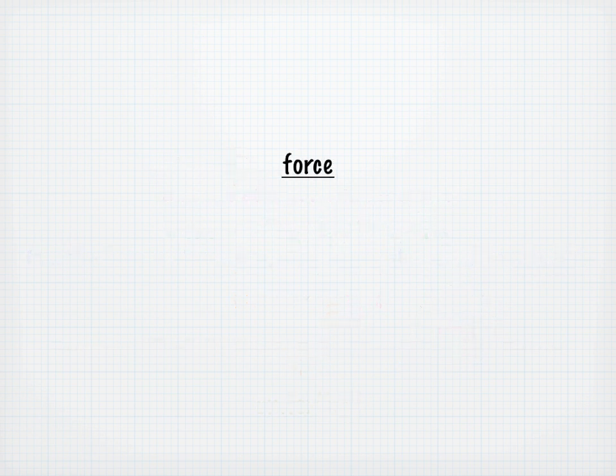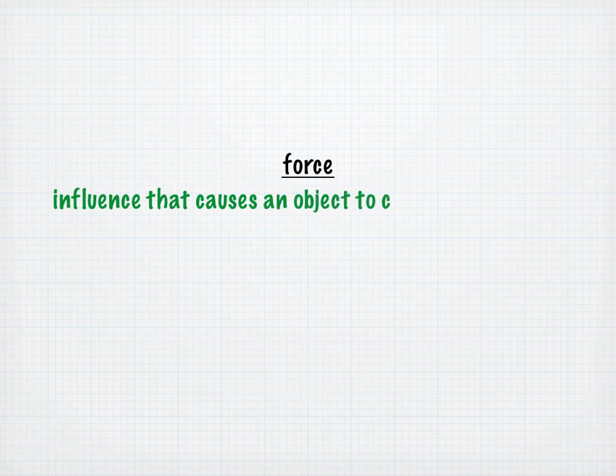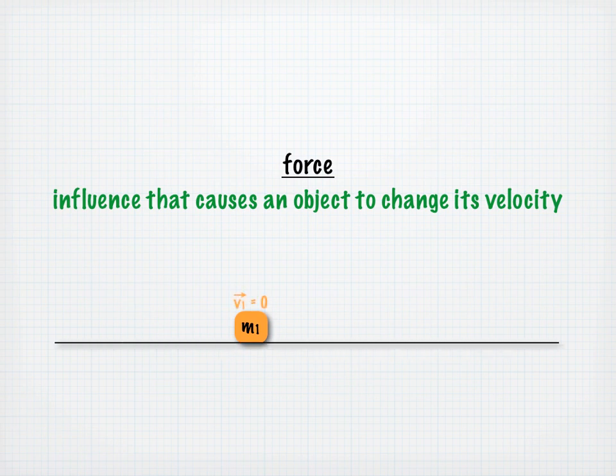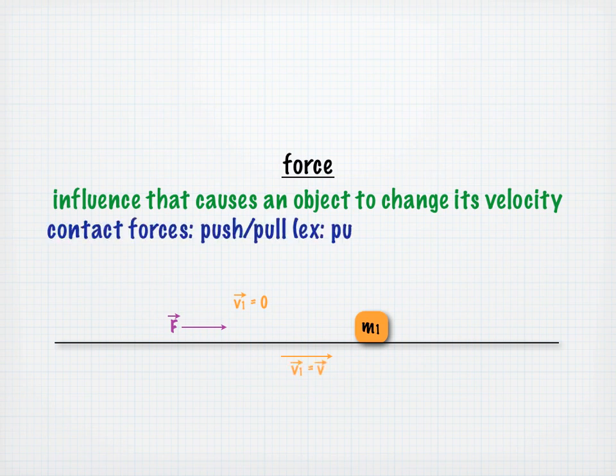A force is an influence that causes an object to change its velocity. When you slid this object across the floor, you applied a force to it in order to change its velocity. This pushing force is considered a contact force, where you made contact with the object.